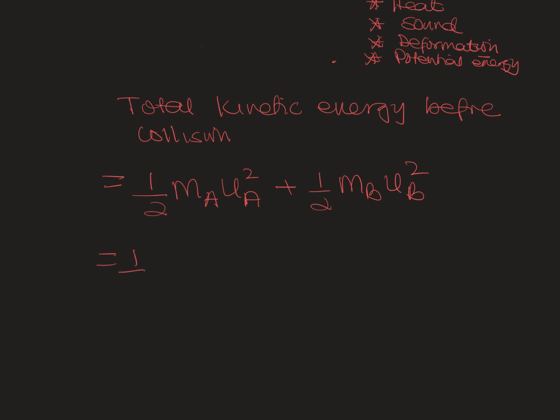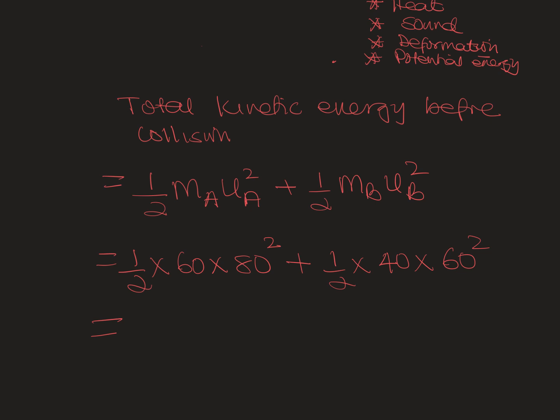So that will be half, the mass of body A is 60, multiplied by 80 squared, plus half multiplied by the mass of body B is 40, multiplied by the initial velocity, 60 squared.